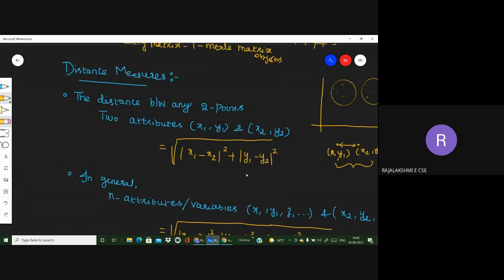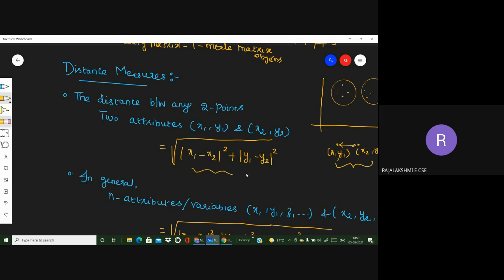So the distance measures are very, very important between these 2 points. So the distance between any 2 points or any 2 attributes, if I am just calling this particular data an attribute, okay, the first attribute is x1 y1 and the second attribute is x2 y2. The distance between these two can be represented by using the square root of mod of x1 minus x2 the whole square plus y1 minus y2 the whole square.